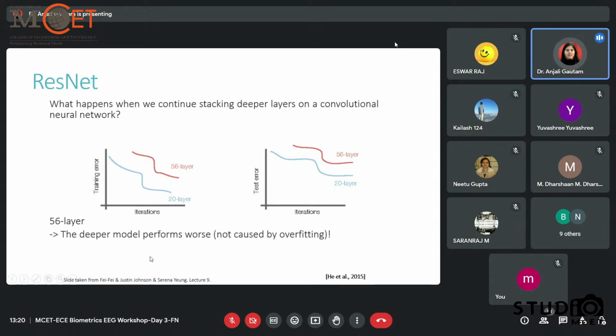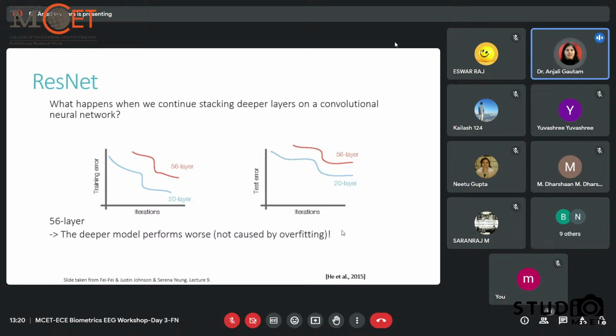One thing you can see here: if you are comparing the training error and iterations for a 20-layer and a 56-layer network, in case of deep networks your training error will be high. If you are increasing the number of layers, it may be possible that the training error will be high. In that case, you cannot say that it is because of overfitting.